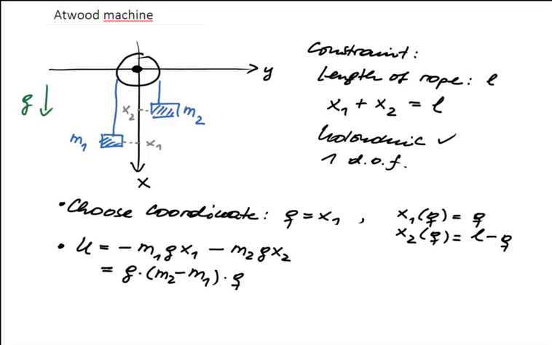And then we get an extra term which includes the length of the rope, but is not dependent on the position of the masses. So in terms of its impact on the dynamics of the system, it doesn't play a role, it's just an additive constant. So here we have the potential energy expressed as a function of q.